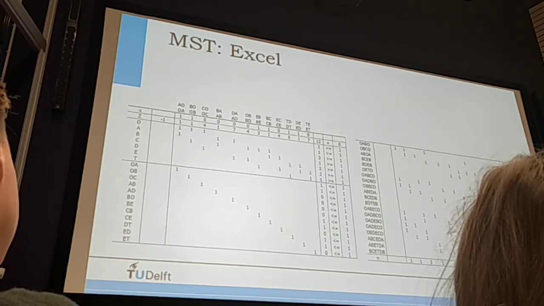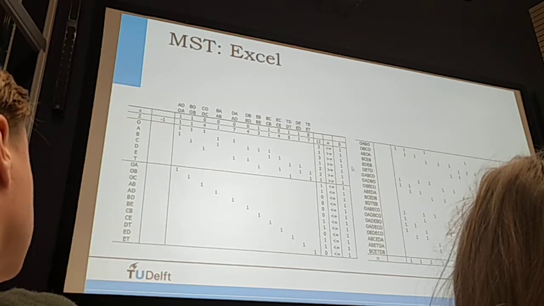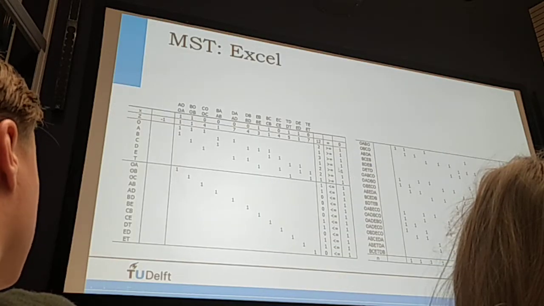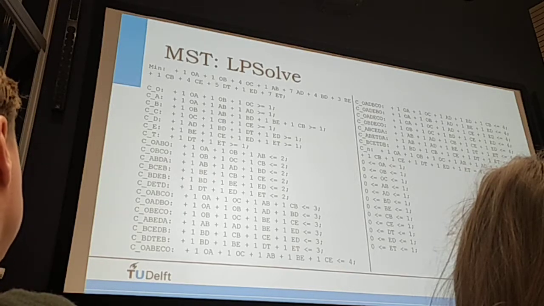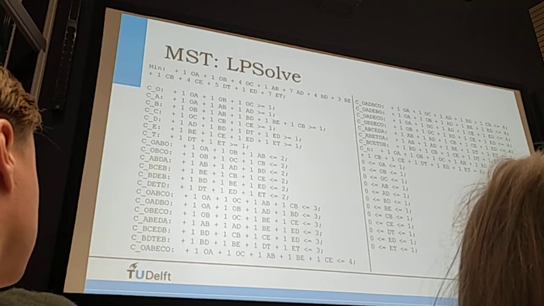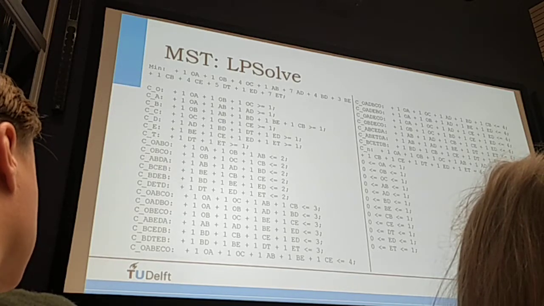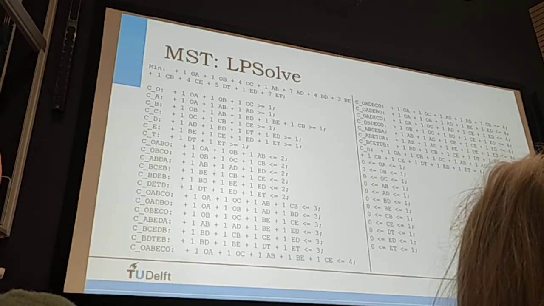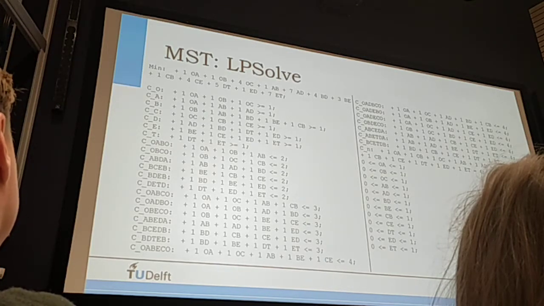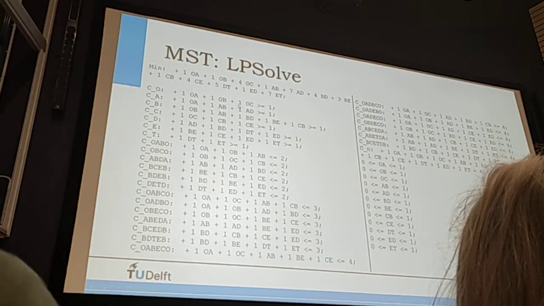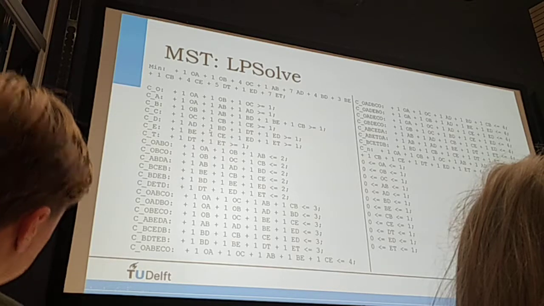Switch back to the screen. So if we put it in LP solve, this text you can copy paste into LP solve and run it. You can see I did something slightly different here. I didn't have the upper bound as a constraint, but I just put them in as a bound. So here we have the normal node constraints.